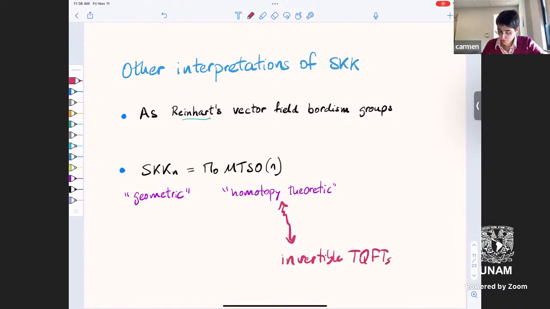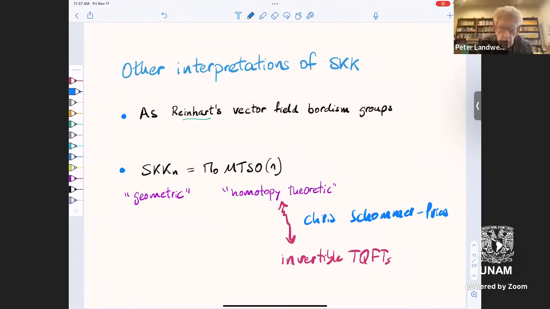I'm pretty sure I'm going to be missing several authors, but one very good reference to look at for understanding all of this, the MTSO spectrum and the invertible TQFTs, is a paper by Christopher Schommer-Pries. And that's kind of one side of the story.